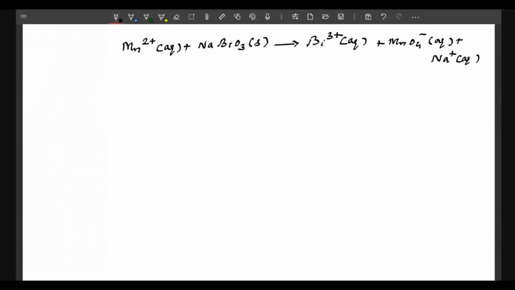How many water molecules are there in the balanced equation? A, 4 on reactant side. B, 3 on product side.